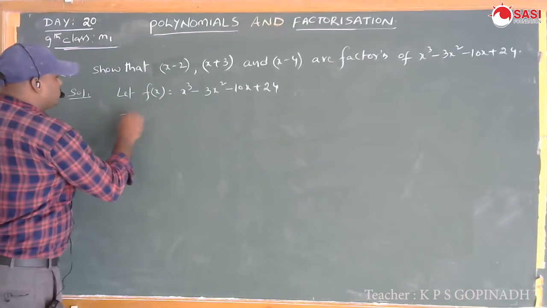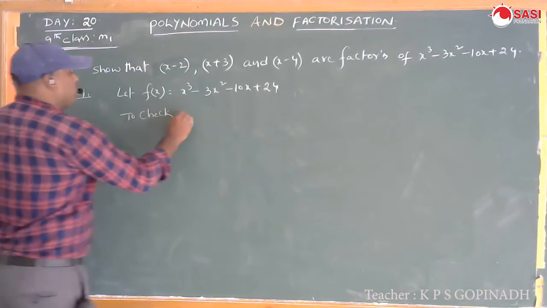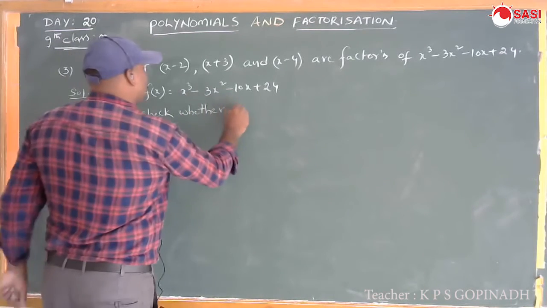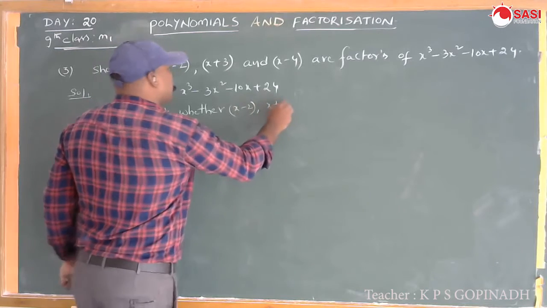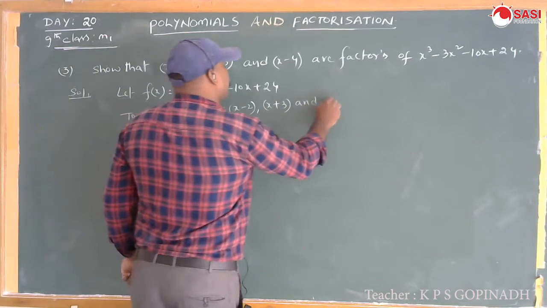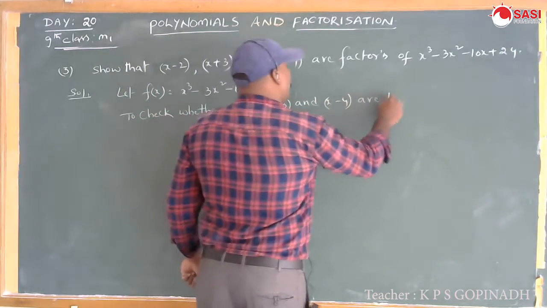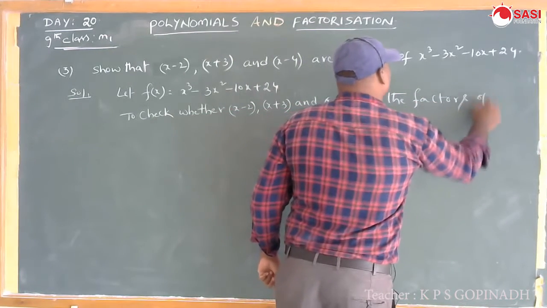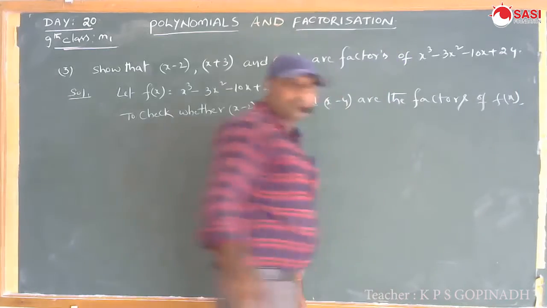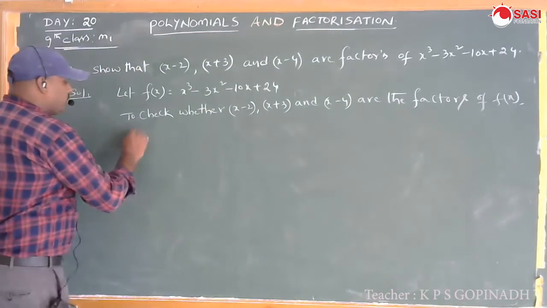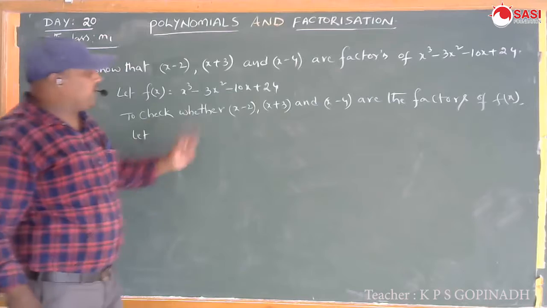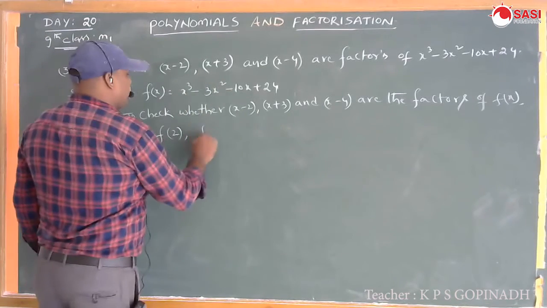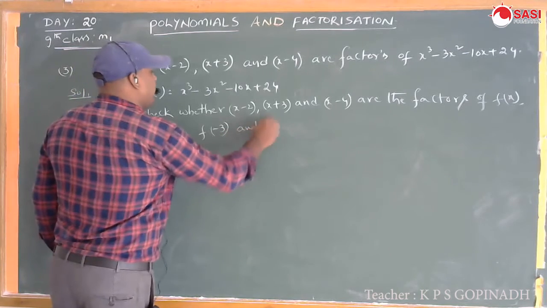Now to check whether x minus 2, x plus 3, and x minus 4 are the factors of f of x, we have to calculate f of 2, f of minus 3, and f of 4.